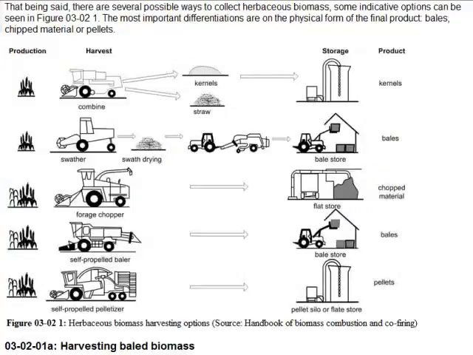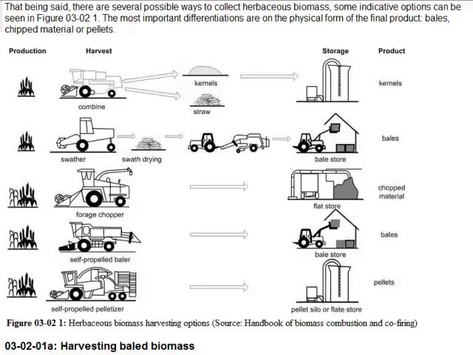That being said, there are several different possibilities to collect herbaceous biomass, and some indicative operations can be seen in this picture. You will notice that the harvested material can either be bales, or it can be chopped, or it can be pellets.